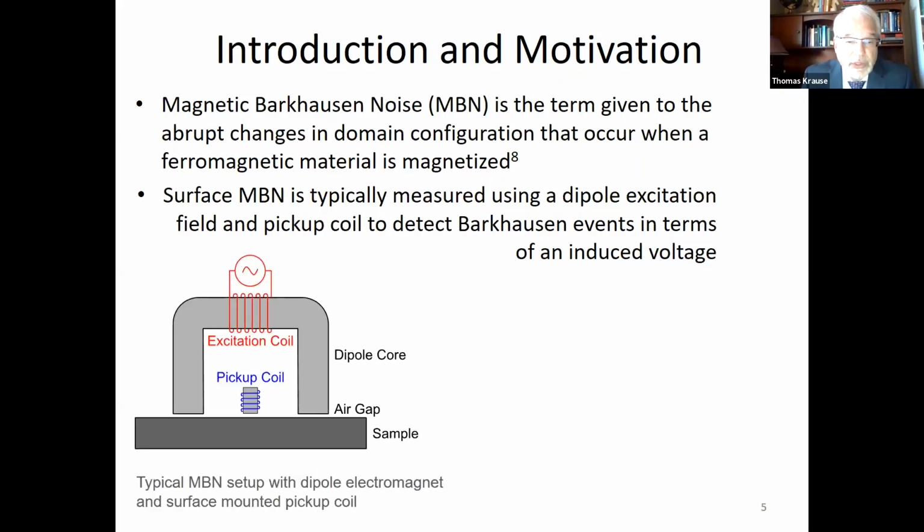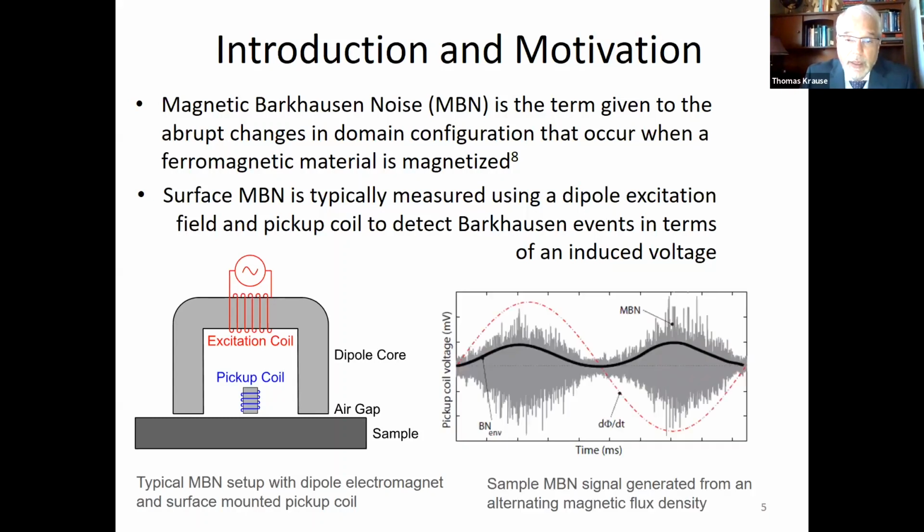Most of the measurements are done with a U-core dipole electromagnet, and at the center is a pickup coil such as a coil or a Hall probe, and the signal on your right is this hash of stochastic voltage events that arise.